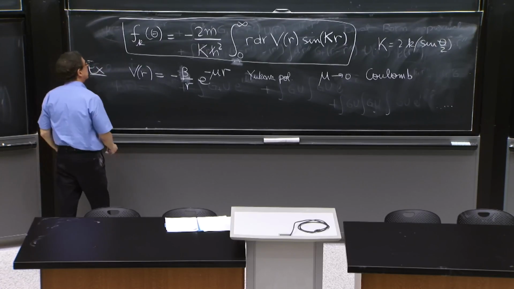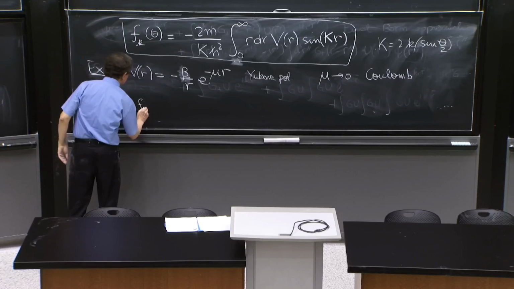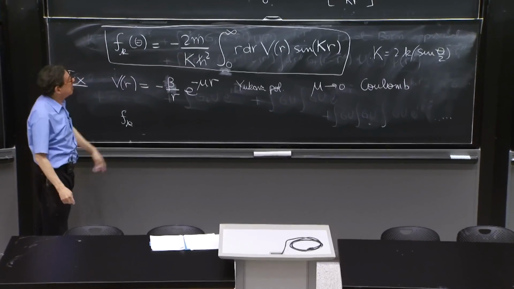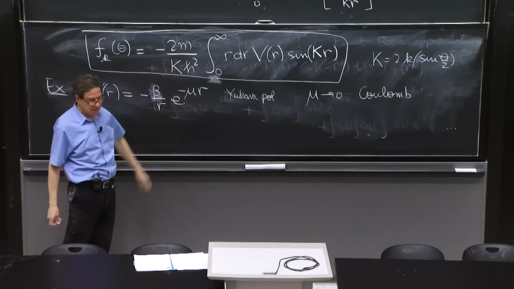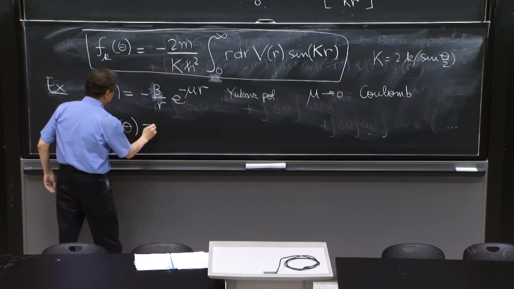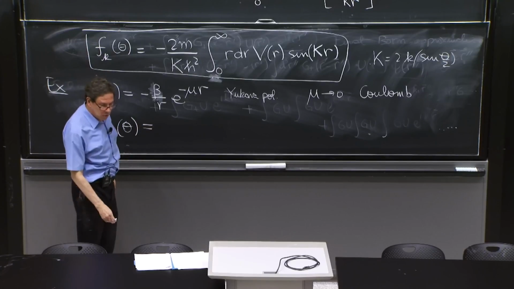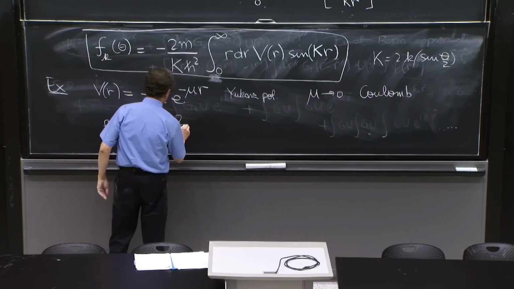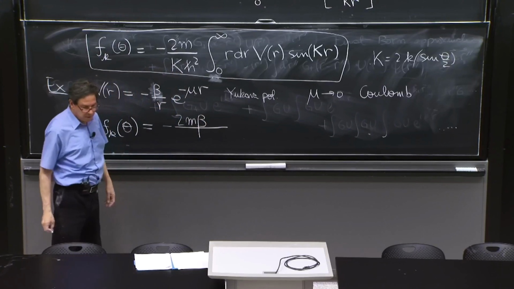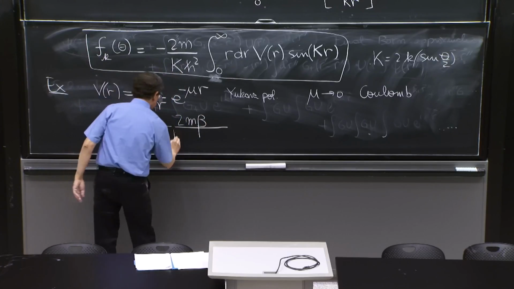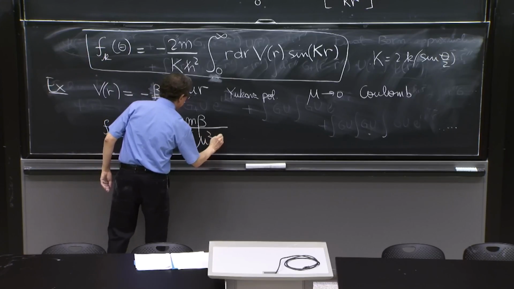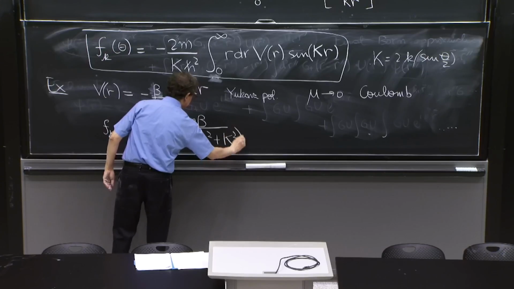So this is solved in many books. It's also in your textbook. And in this case, f_k, the integral can be done exactly. You can plug v of r there. And the answer is that f_k of theta is equal to minus 2m beta over h squared, over mu squared plus K squared.